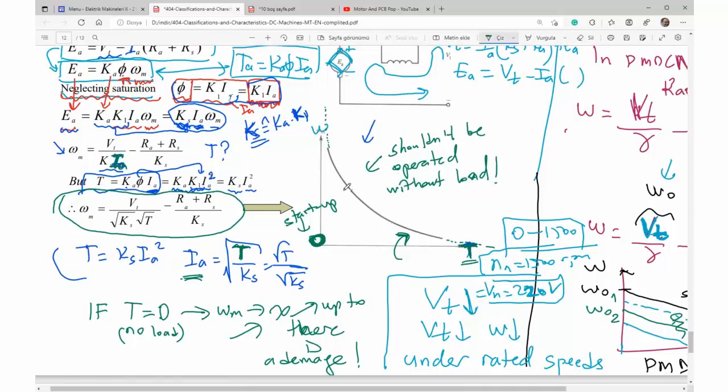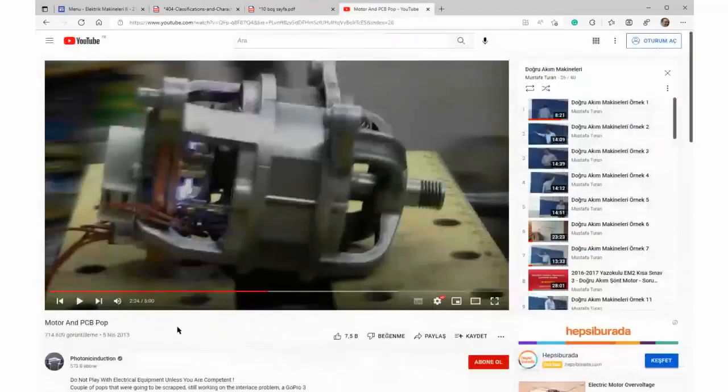Okay, the serial characteristic is very unique. It yields the highest torques of all motors. But there is one adverse property. Such a machine cannot be operated without load. Otherwise, the result will be failure or damage. The machine will be destroyed, as you see in the video in my playlist.